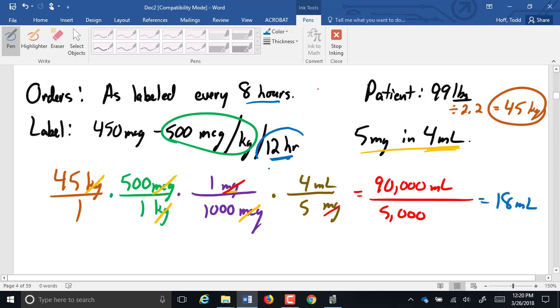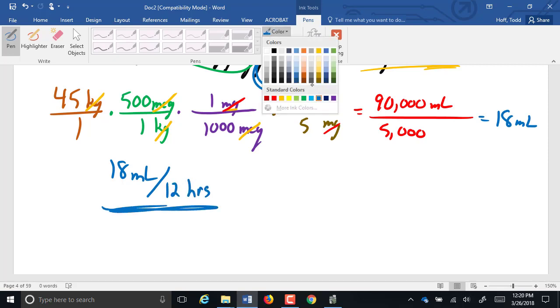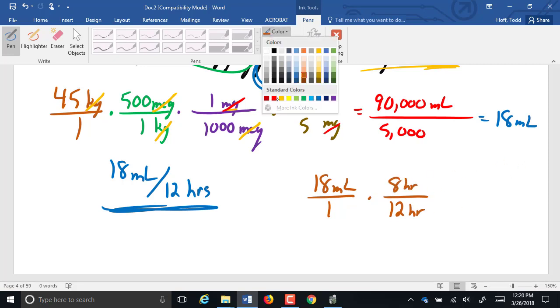That 18 milliliters is over 12 hours. The doctor wanted us to administer this every 8 hours. So that 18 milliliters is going to be multiplied. Now the 8-hour dose will be smaller. The 18 represents a 12-hour dose, so we're going to put 12 hours on bottom, 8 hours on top.